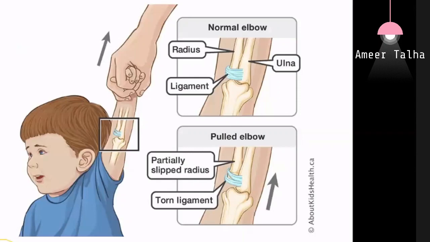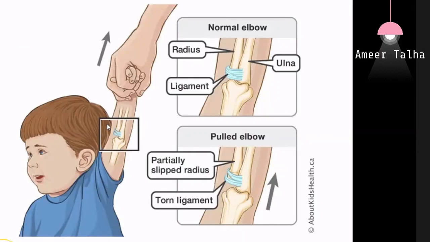Regarding the clinical anatomy of the elbow joint, the most common clinical condition is the pulled elbow, which is most commonly seen in children.